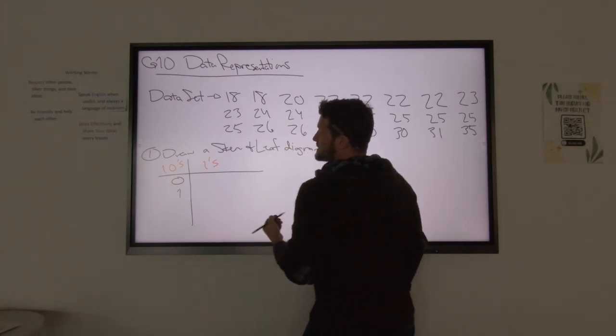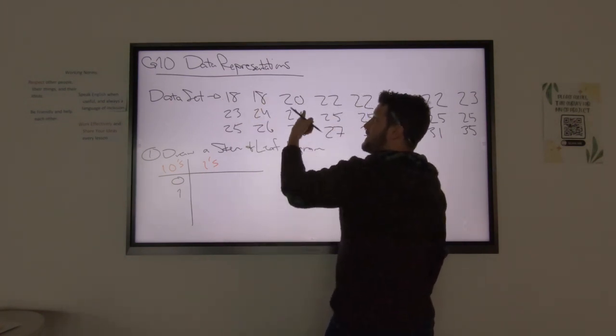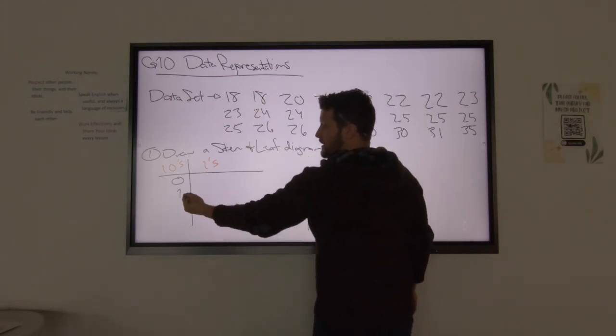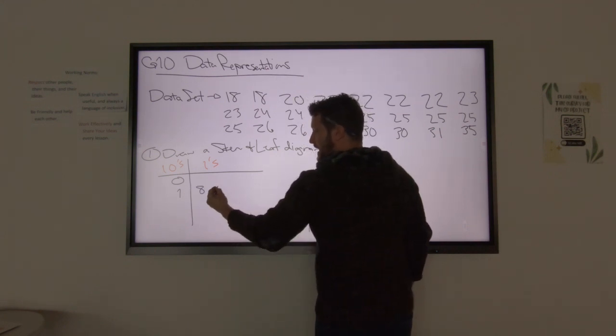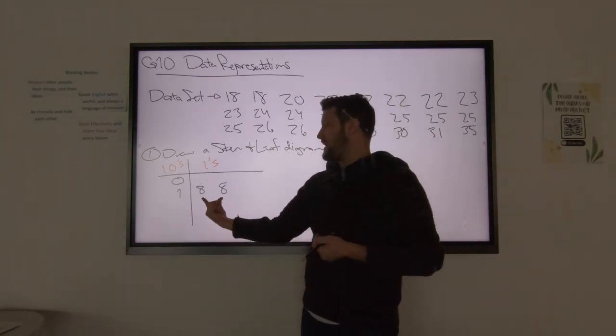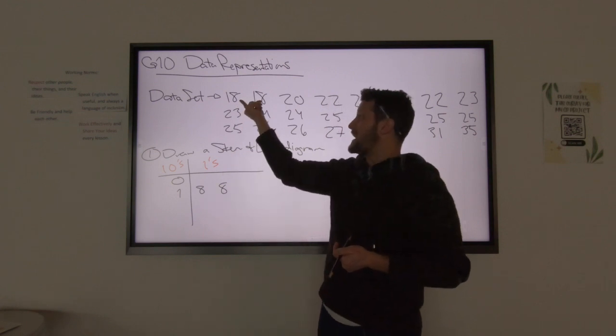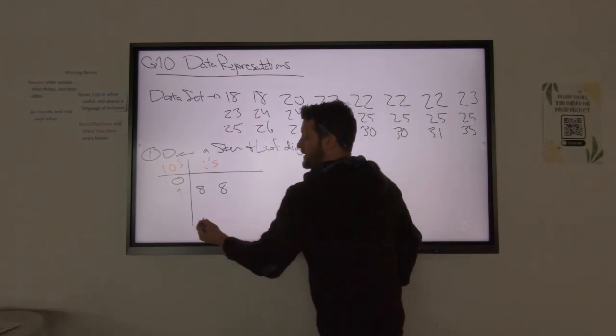First, I look at our data and ask what 10s we have. The lowest is 10, like 18 is 10 and 8. In the 10s we have 18 and 18, and these two 8s represent the fact that there are two 18s. Then I move into the 20s.